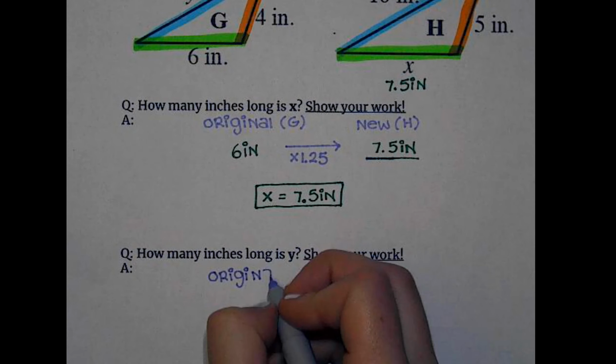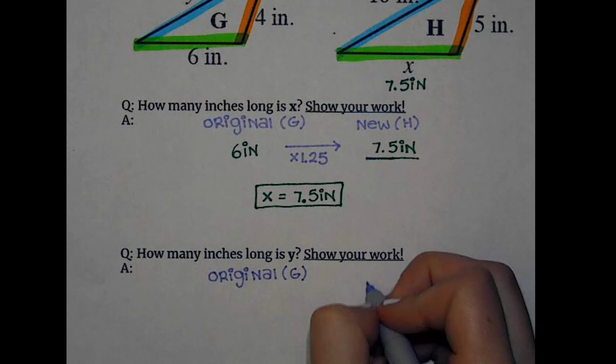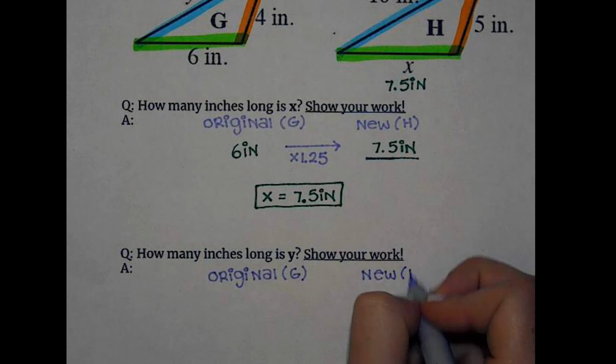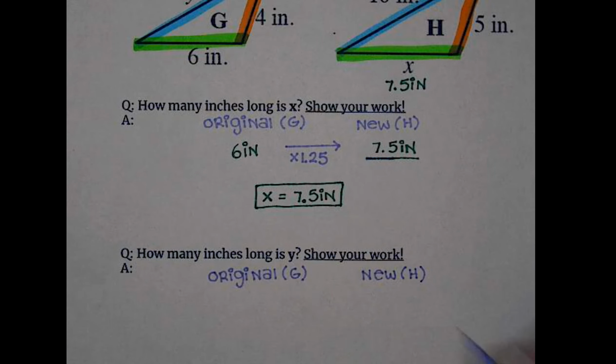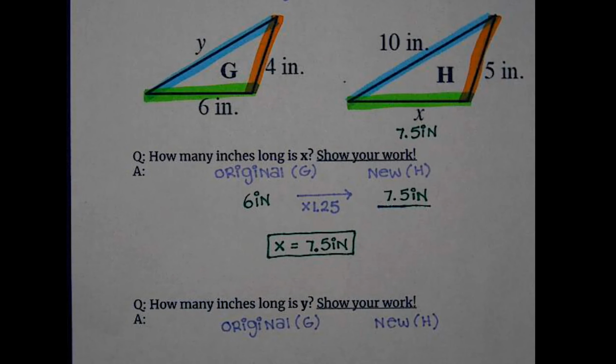Original, which is G. And then we'll put our new measurements over here, which is H. I'm going to have to drag this down a little bit, guys. I apologize. Our new measurement is going to be 10 inches.